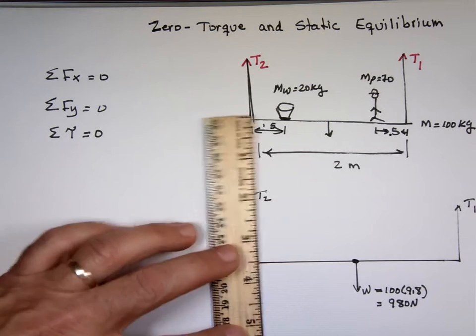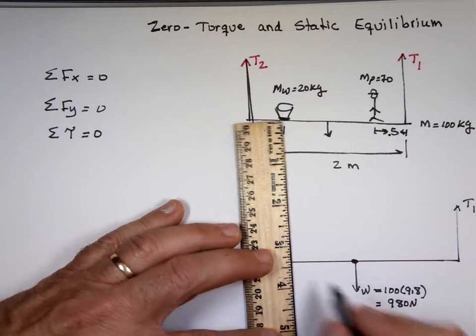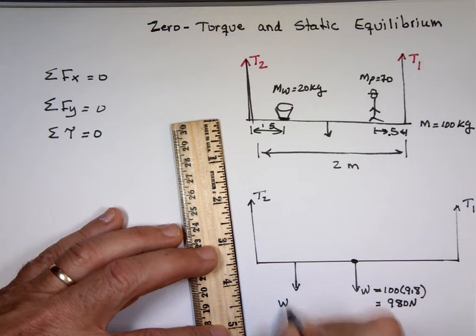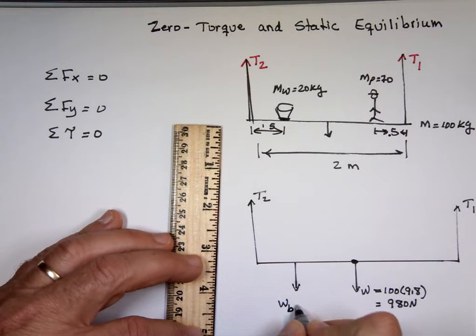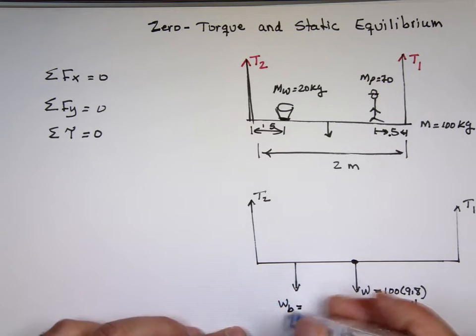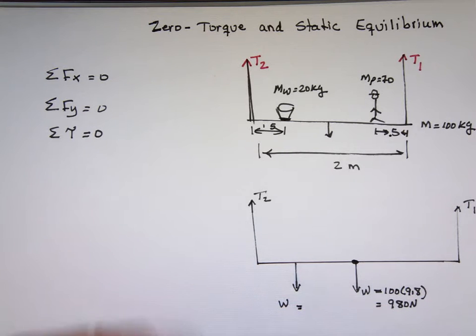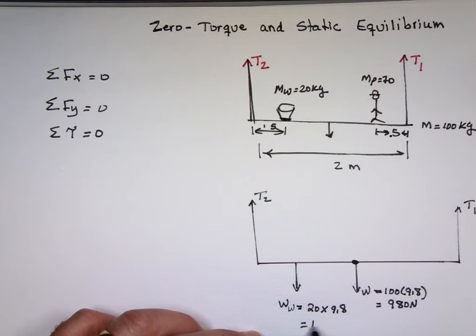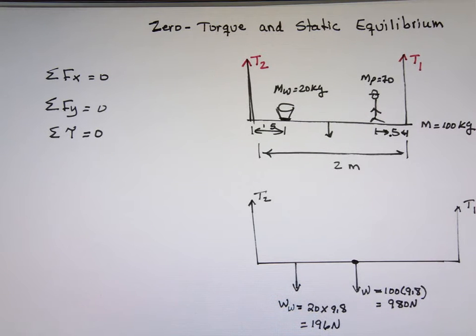You get the weight of the bucket, or the water, I use W, the weight of the water, which is the mass, 20 times 9.8. That's 196 newtons.